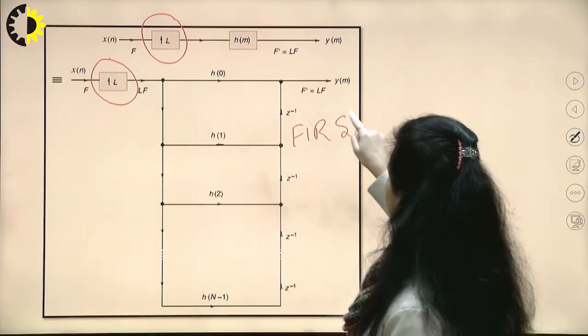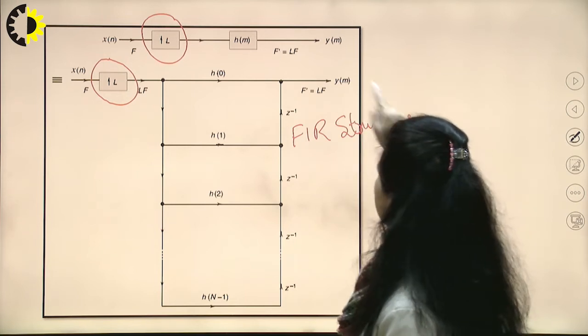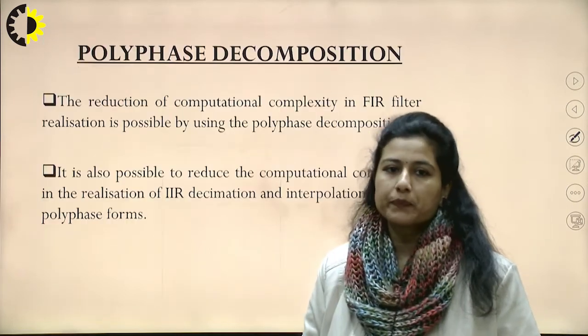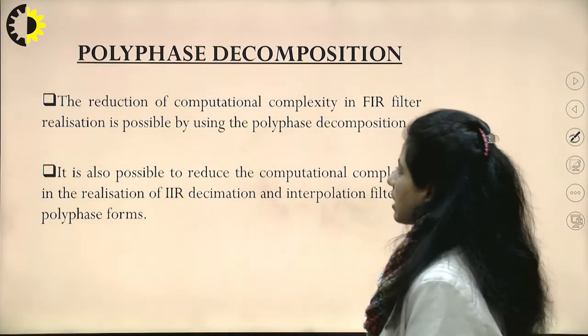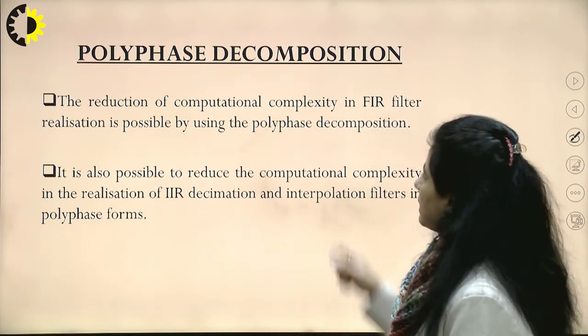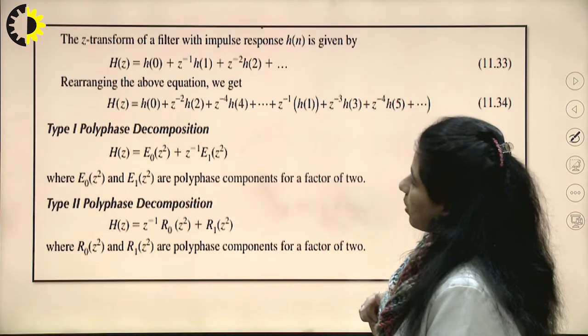So any kind of FIR structure can be constructed for H(n), or the filter that we require here for either decimator or interpolator. The new kind of structures which come into the picture for multirate processing are obtained by the polyphase decomposition. What is this polyphase decomposition?